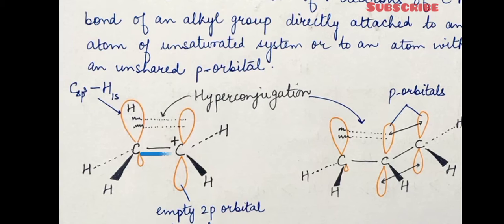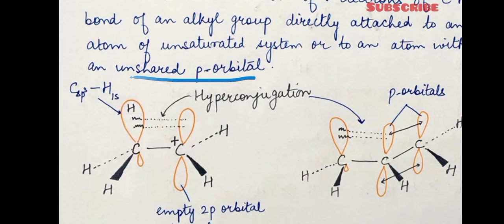Now this carbon atom has 3 CH sigma bonds, and this positively charged carbon atom has 2 CH sigma bonds, and in addition to it, it has an empty p orbital, which can also be termed as an unshared p orbital.